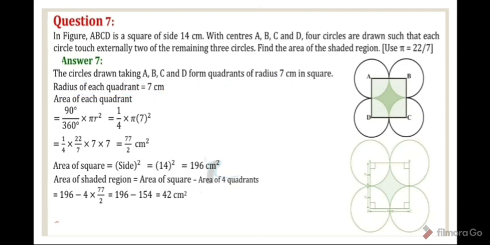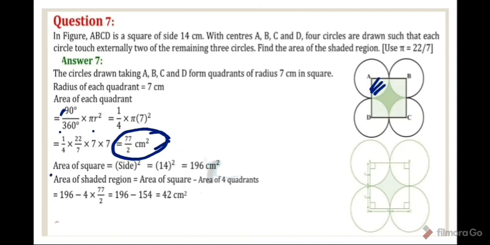Now you will find the area of each quadrant. In a quadrant, theta is equal to 90 degrees and r is equal to 7. Put it in the formula of area of sector. It will be 90 by 360 into pi r square. If you do the calculation, it will be 77 by 2 centimeter square. This is the area of one quadrant.